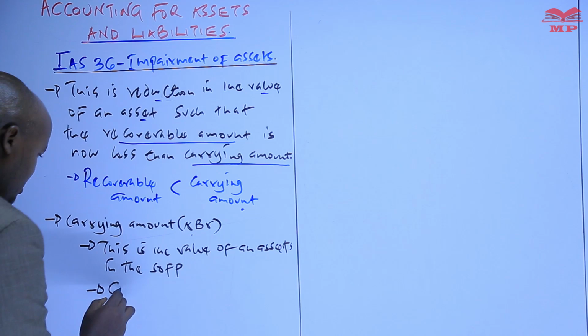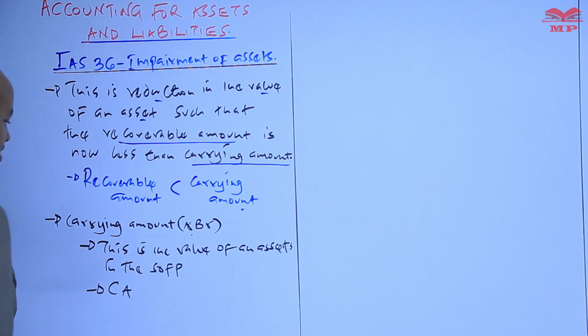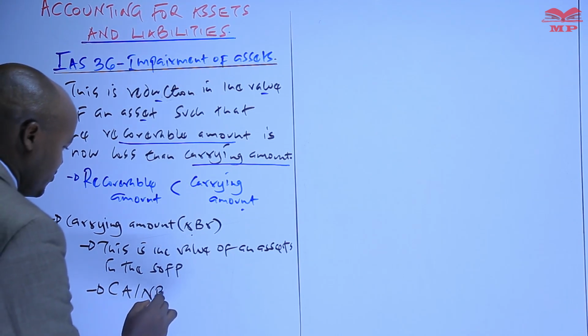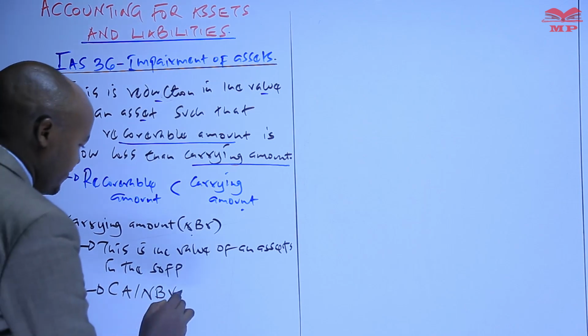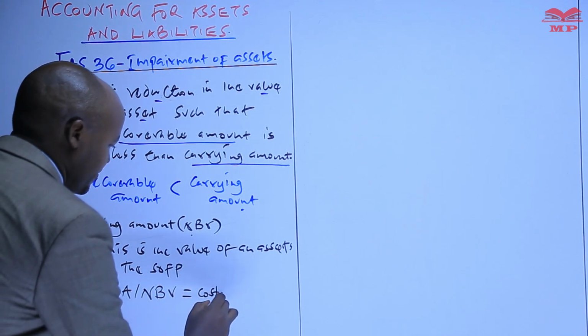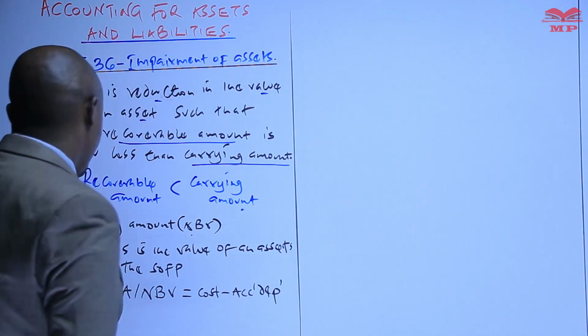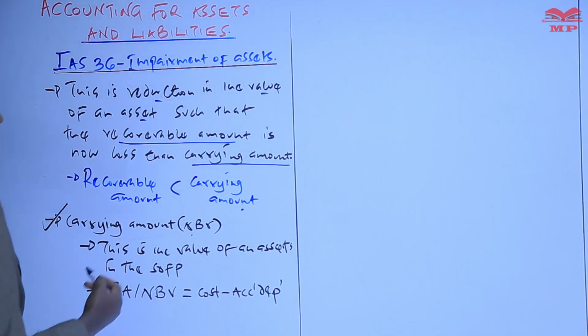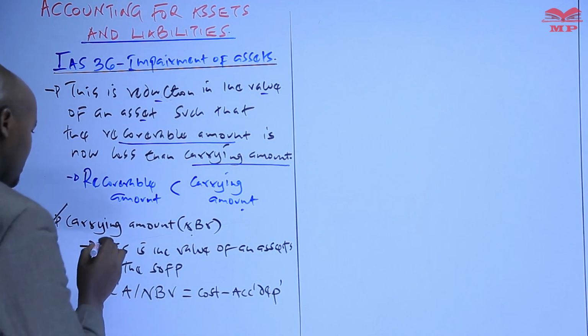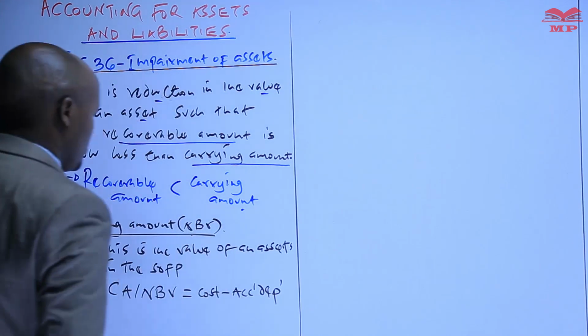So meaning that the carrying amount, abbreviated as CA, or net book value, abbreviated as NBV, is equal to the cost minus the accumulated depreciation. So that is the definition of the carrying amount, and equally the determination of the same.